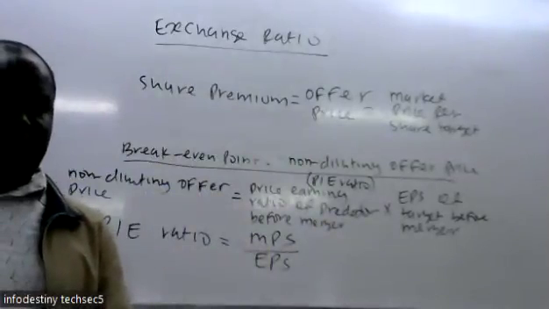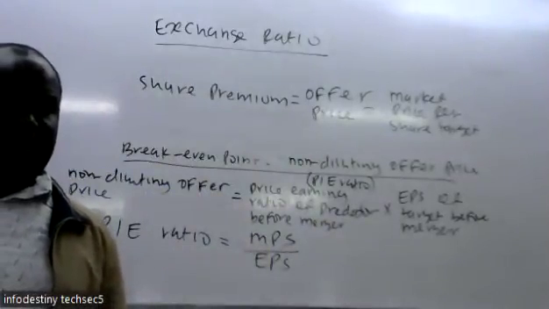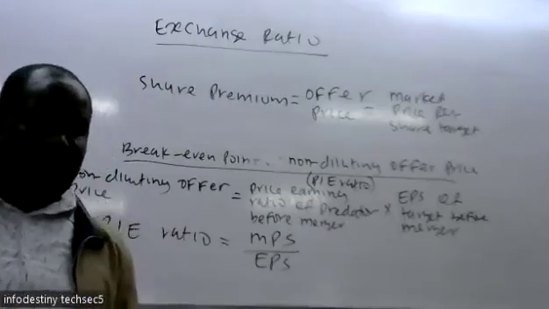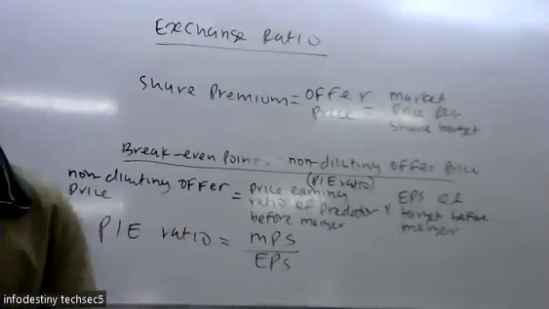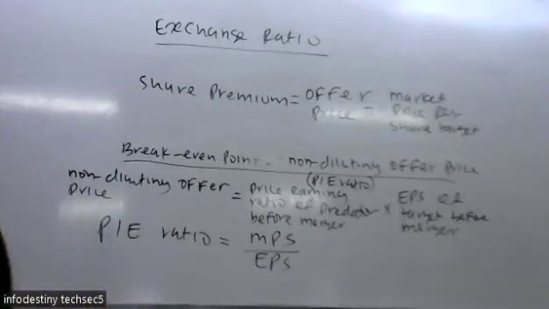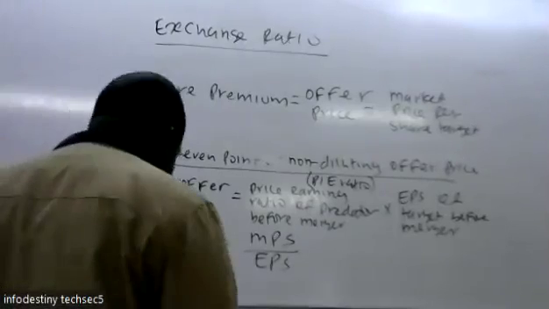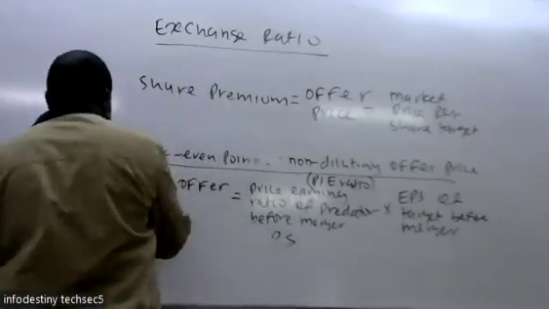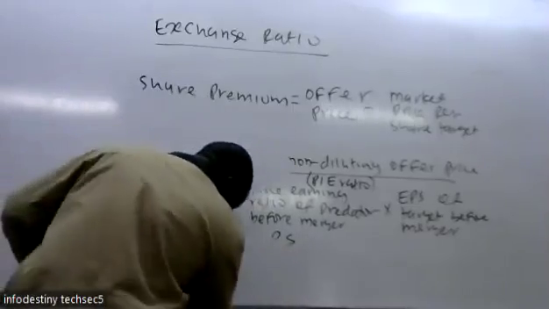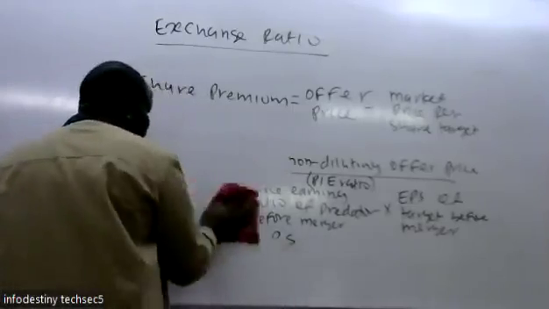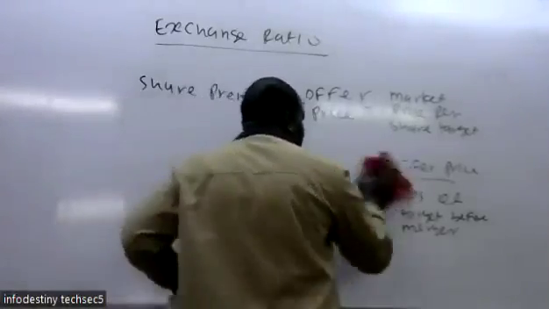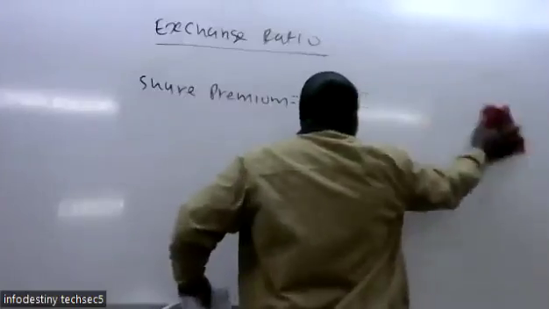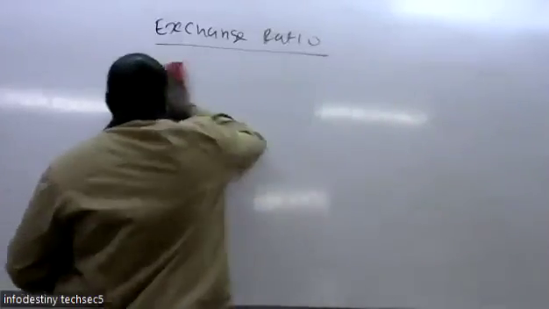I will start with Roman letter 1: the maximum exchange ratio that A Limited should agree to, assuming there will be no dilution. We have given you the general formula of how to come up with the exchange ratio.